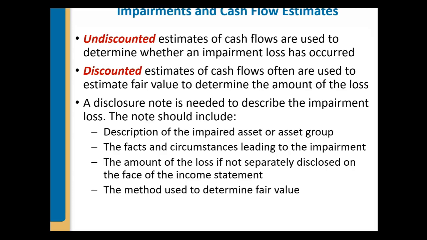A disclosure note is needed to describe the impairment loss. The note should include a description of the impaired asset or asset group, the facts and circumstances leading to the impairment, the amount of the loss if not separately disclosed on the face of the income statement, and the method used to determine fair value.